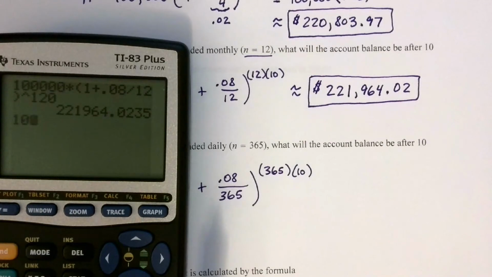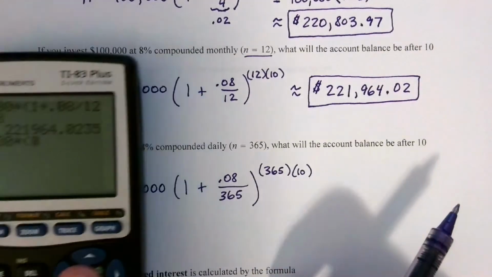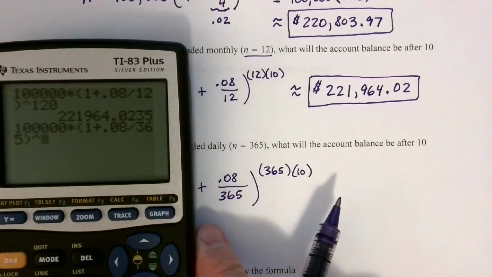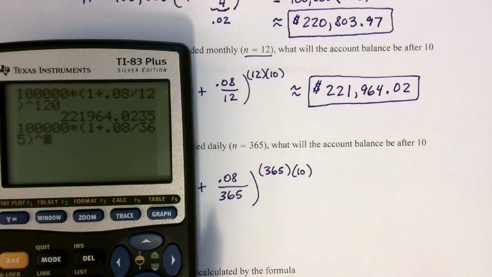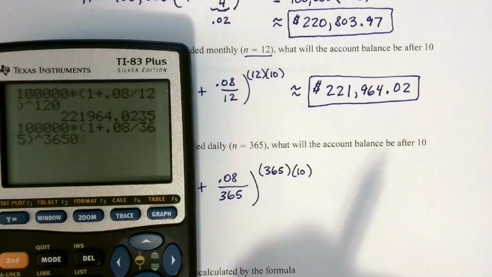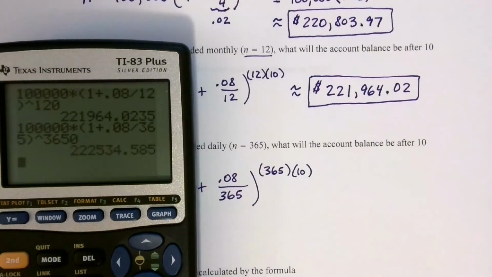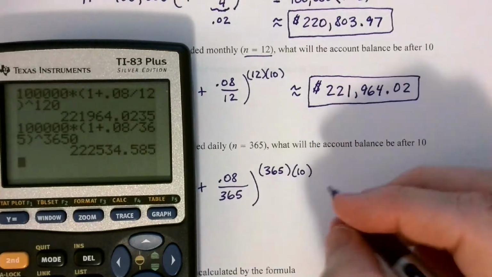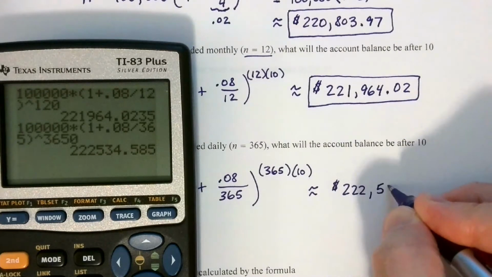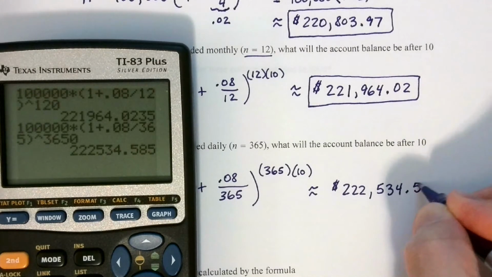So here's the 100,000 times 1 plus 0.08 divided by 365 raised to the, so 3650, right? 10 times 365 is 3,650. .59, right?